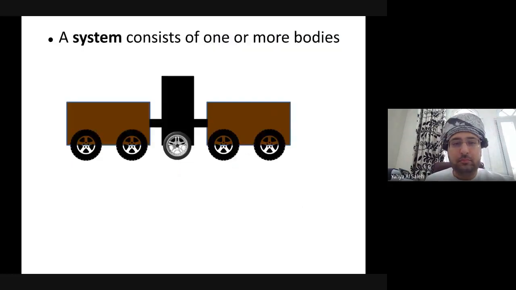All right. Let's define something else. Let's define what we call a system. We'll do some numerical examples in a little bit.